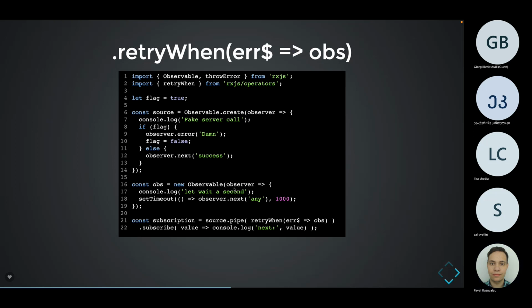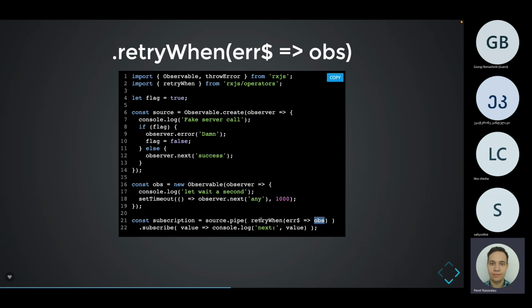Okay. In retryWhen, the retrial will occur when the observable passed here will emit a new value. So let's assume that we created the observable and something goes wrong.